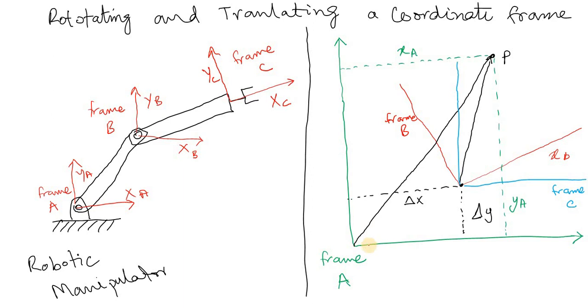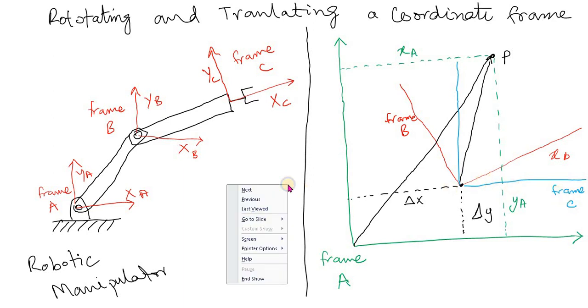So here, we already have this frame B, red color, and we made the same frame as frame A with the blue color here, and its origin is the same as frame B. The advantage of this is, first we try to find out how much frame B is rotated with respect to frame C. Frame C is an intermediate, or you can say a temporary frame.